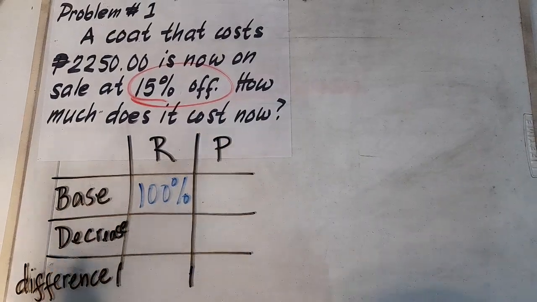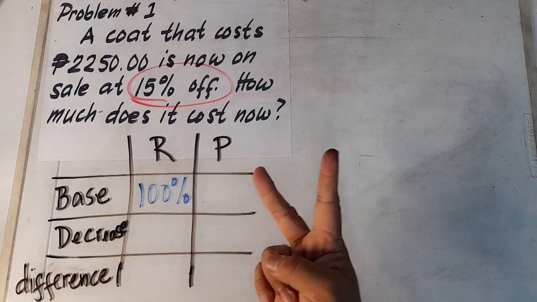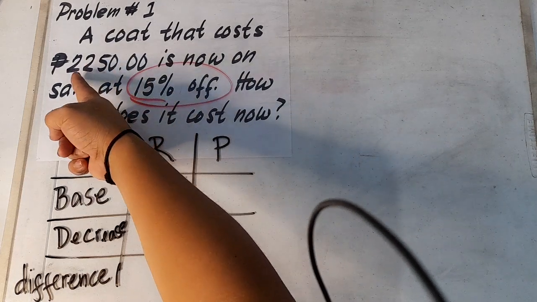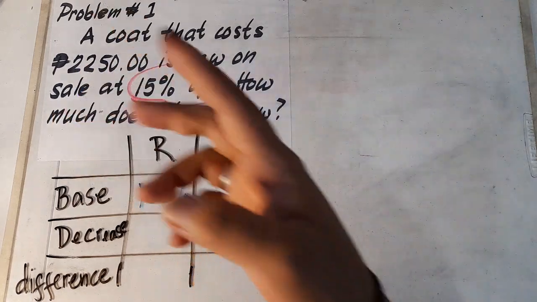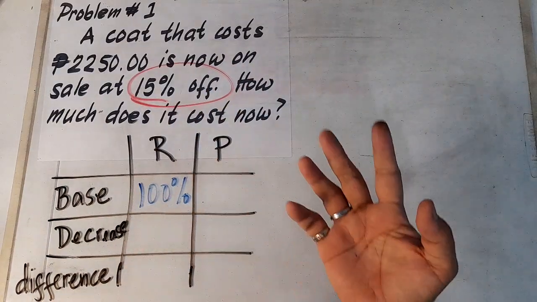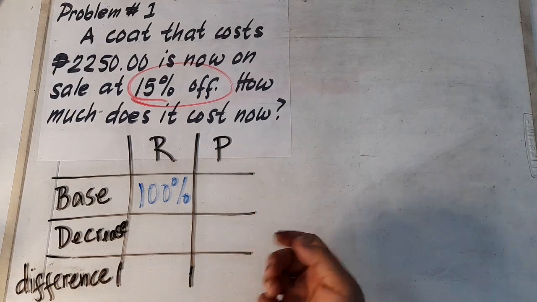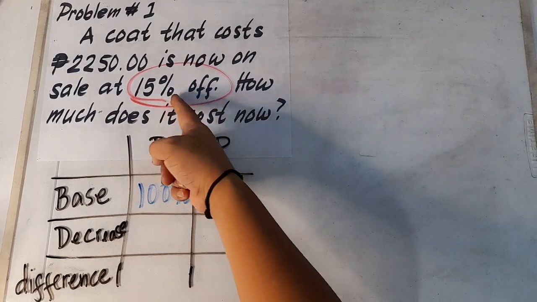Okay, una, there are only two numbers given in the problem. Yung 15% off at saka 2,250 pesos. So, in this case, kagaya nung dun sa mga percent problems natin, ang una nating i-identify ay yung rate. Okay? What is this 15%?